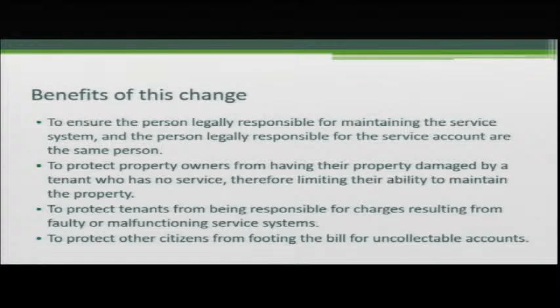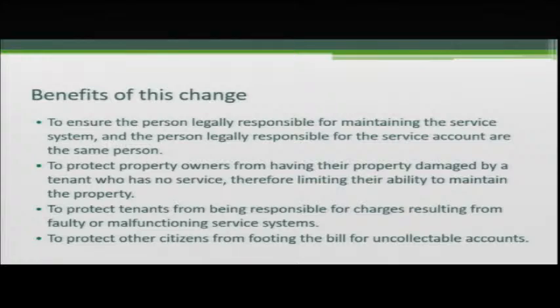Additionally, this protects property owners, so they will now know if there isn't running water in a unit for non-payment. So many times in the past we've been contacted by landlords that did not know that their tenant had been living in the property for a number of months without running water.